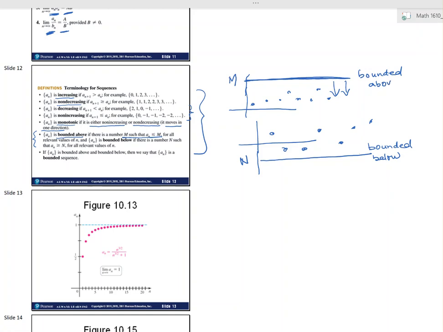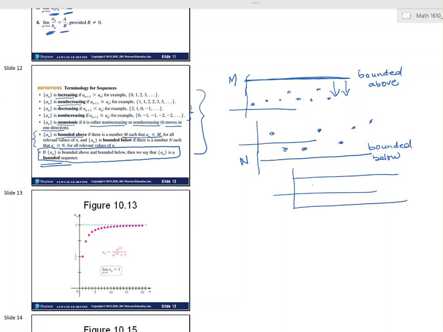Finally, if a sequence is bounded above and bounded below, then we call it a bounded sequence. So if a sequence stays between two numbers M and N, so it always stays here, something like this, then it's called a bounded sequence.